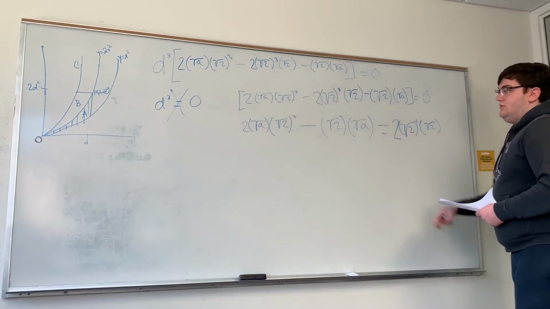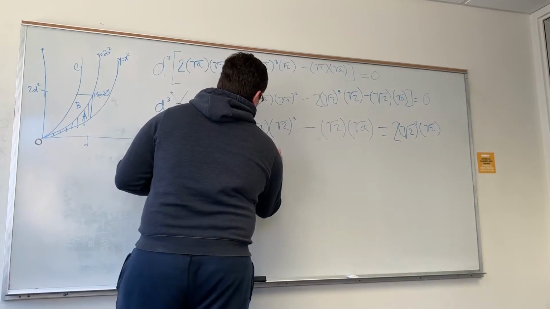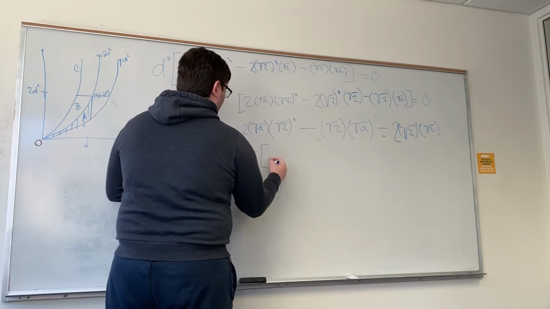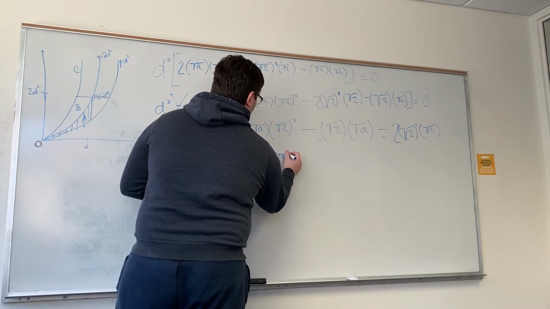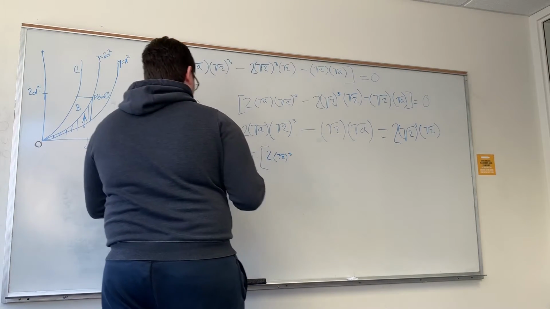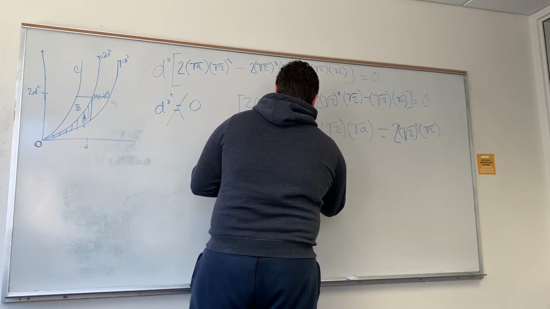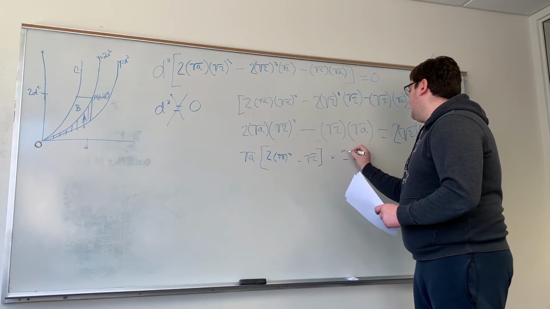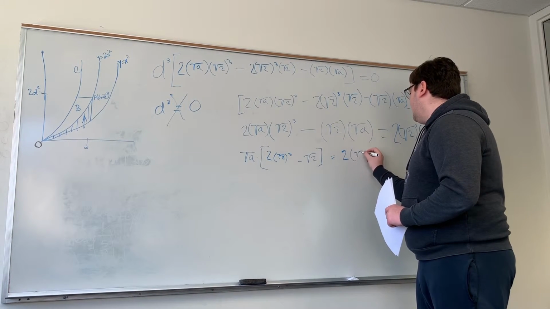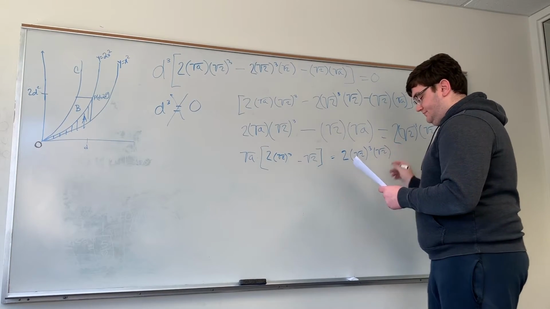Okay, now let's factor out the square root of a. So now we're left with 2 times root 2 cubed minus root 2 equals 2 times root 2 cubed times root 2.